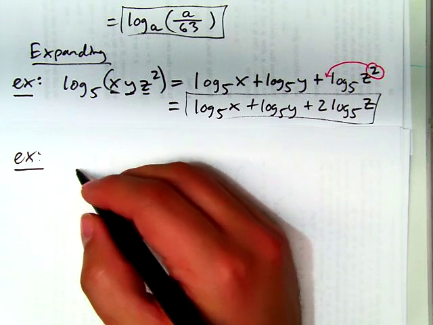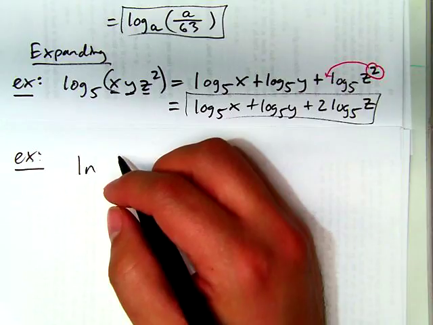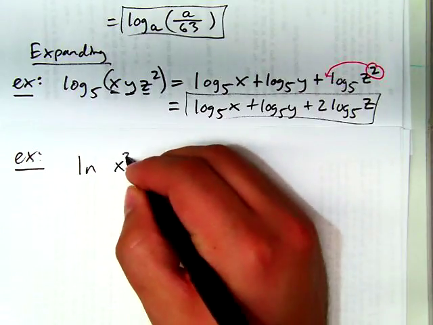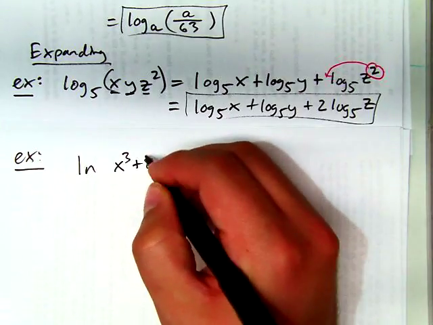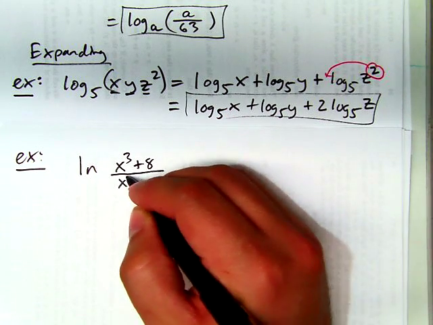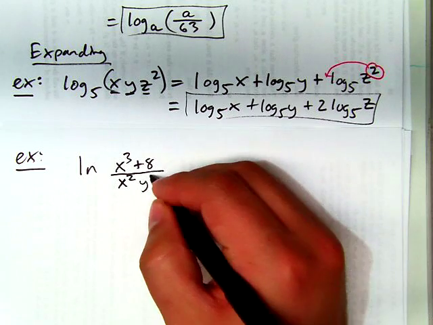So let's say we have, let's do a natural log problem. Natural log of, let's say, x cubed plus 8 all over x squared y squared.